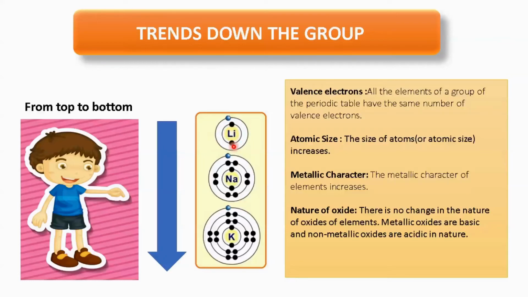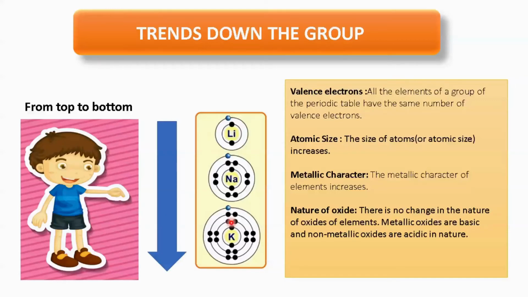Coming to the nature of oxide, the strength of metallic character is increasing down the group, but the nature is not changing. I mean that at the top of the group and at the bottom of the group, we have metals, only metals.